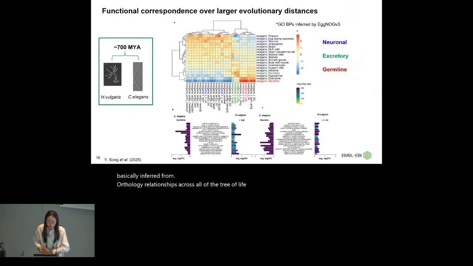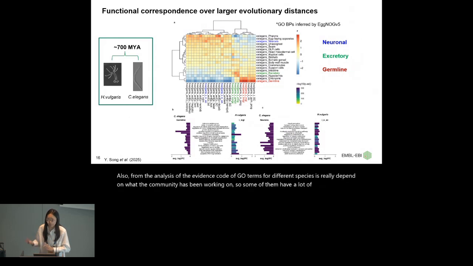And I would say also from the analysis of the evidence code of GO terms for different species, it really depends on what the community has been working on. So some of them have a lot of experimental data, but some of them mostly have it annotated from gene orthology. So indeed, the analysis would depend on this kind of input data that's available, but that's as far as we can go.